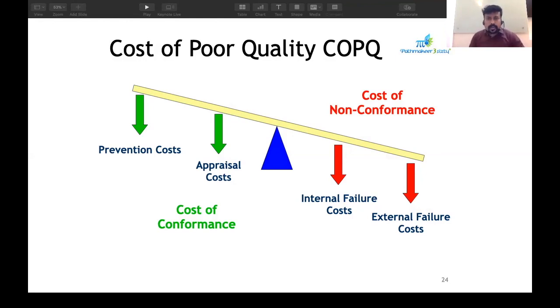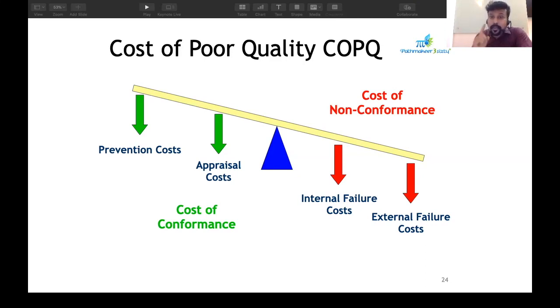So prevention, you develop some protocols, you develop some SOPs, you develop some policies, procedures, or you will even deploy a software or a machine to prevent certain failures in an organization. That is prevention cost. All cost that is incurred to prevent a failure is prevention cost.